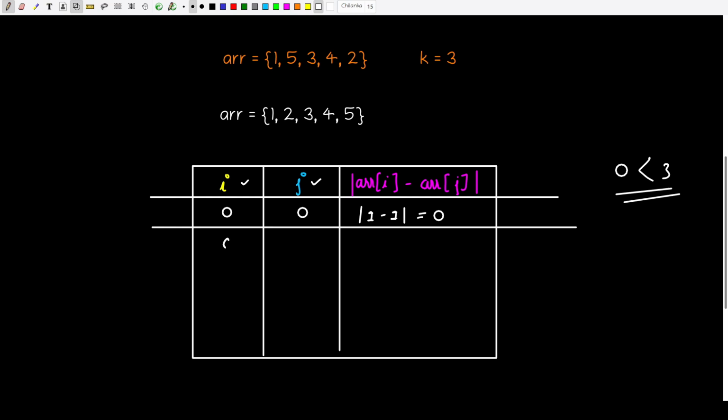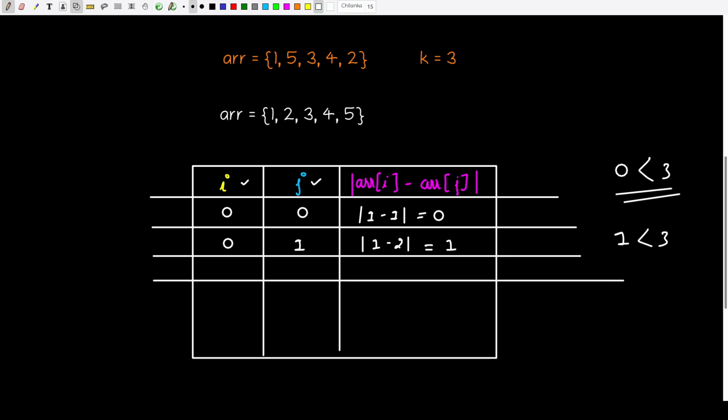So let us increase the value of j. j becomes 1, and again let us compute the difference. This time the difference is 1 minus 2, which is equal to 1. Again, since 1 is less than 3, we increase the value of j. Now j becomes 2 and the difference is 1 minus 3, which is 2.